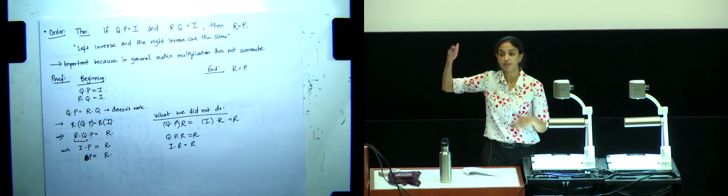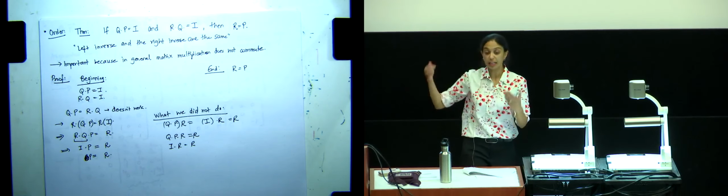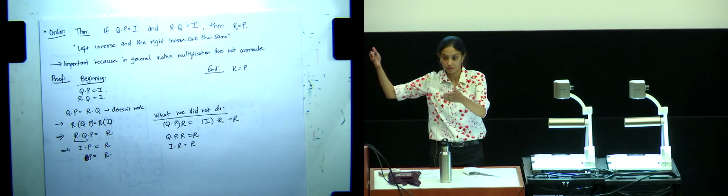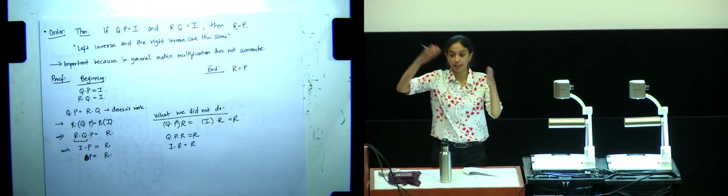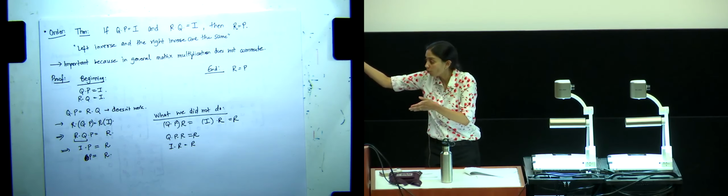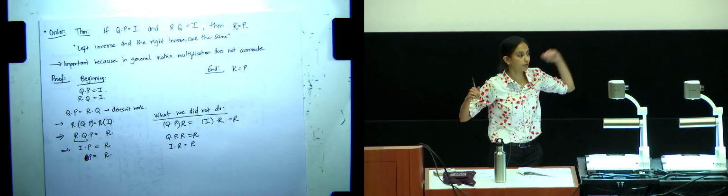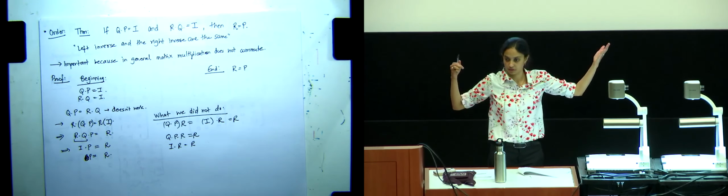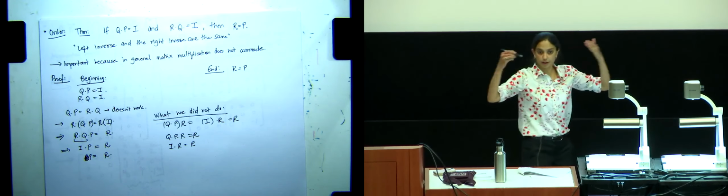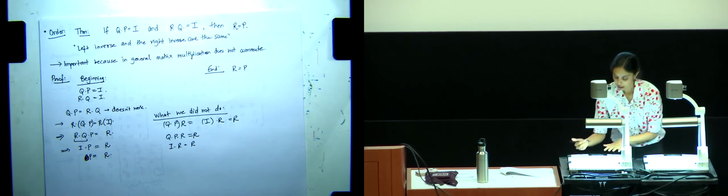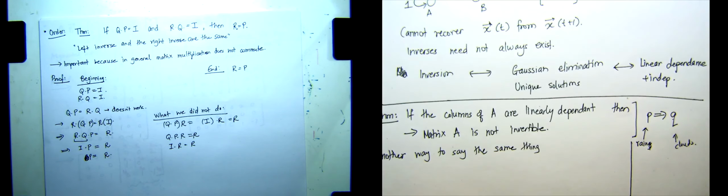Because you're going to say that if there are no clouds, well, if possible, let it be raining. If it was raining, then there would be clouds. But, oh, I know that there are no clouds. Hence, my initial assumption of it raining must have been incorrect. Right? Do you see how that argument proceeded? So when we say P implies Q, this is equivalent to writing not Q implies not P.